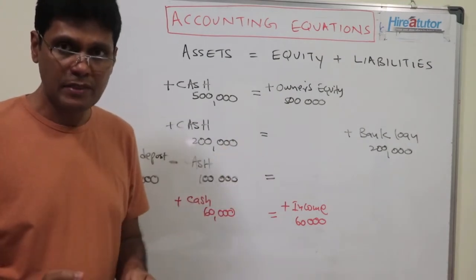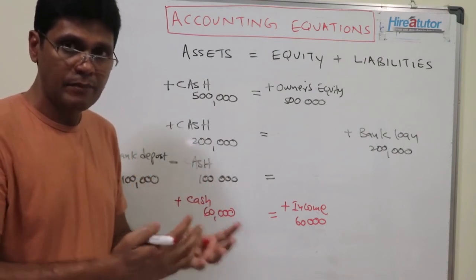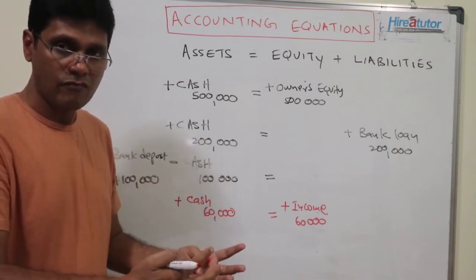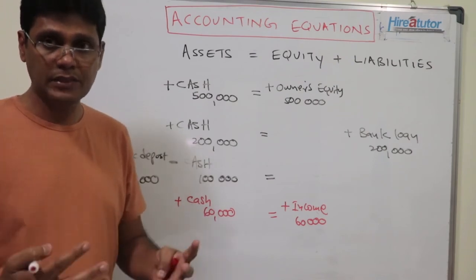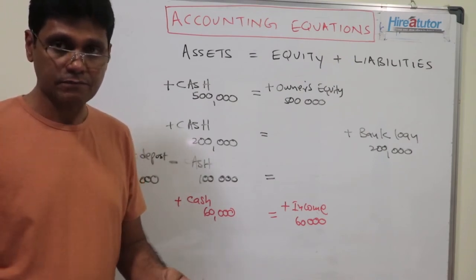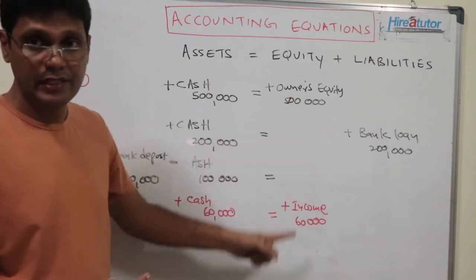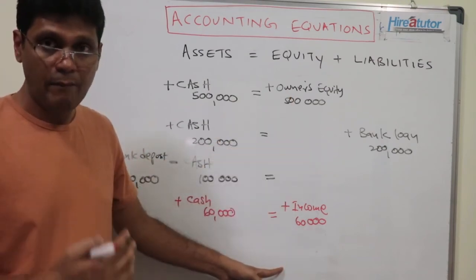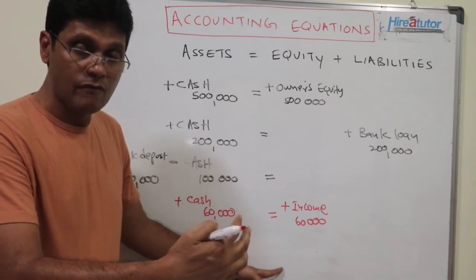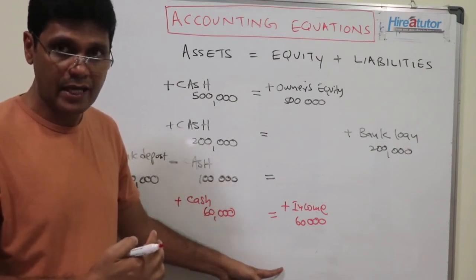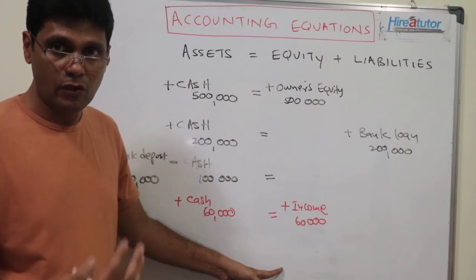Then what about the expenses? Expenses will be paid by the business on behalf of the owner. So whatever the business expenses are, they will have to be recorded under equity as well, because the liability towards the owner will reduce, as the business has paid some of the liabilities on behalf of the owner.